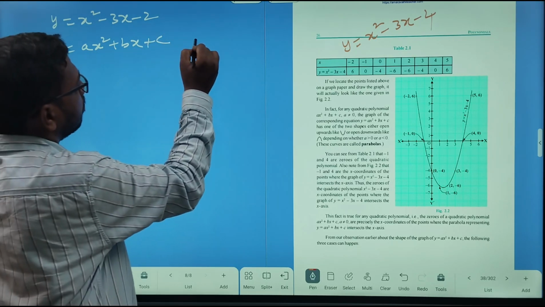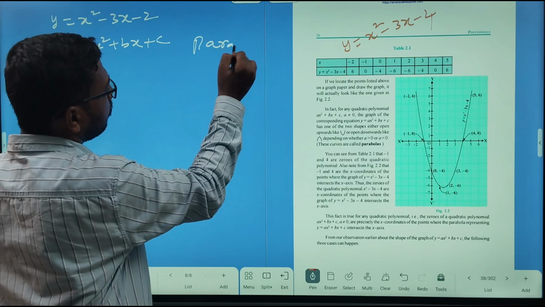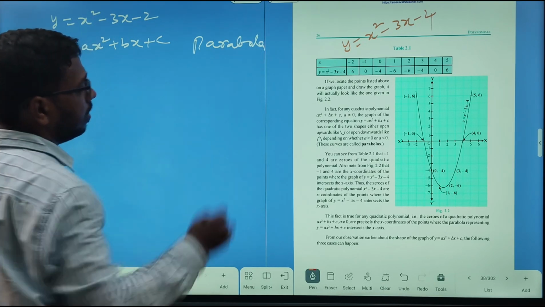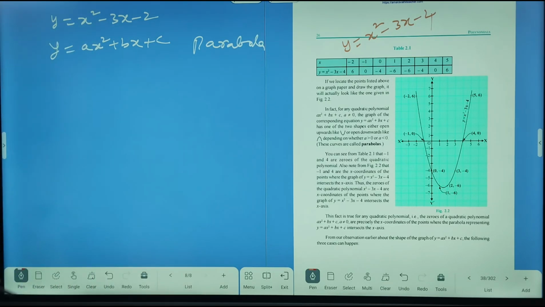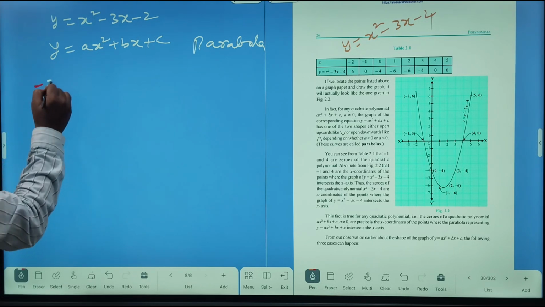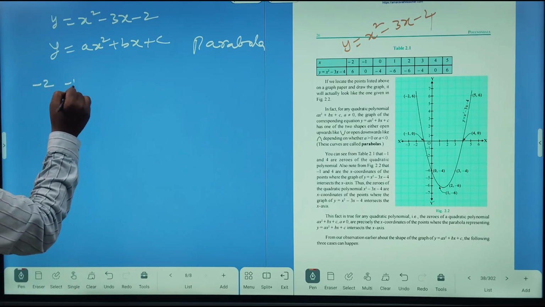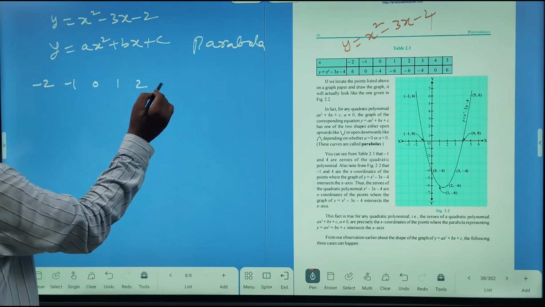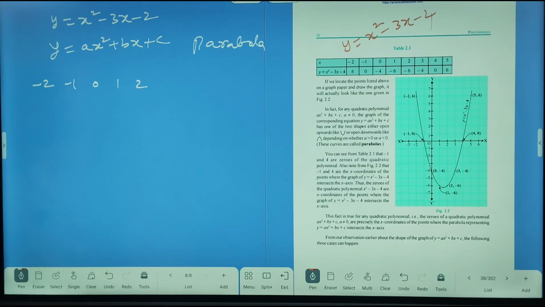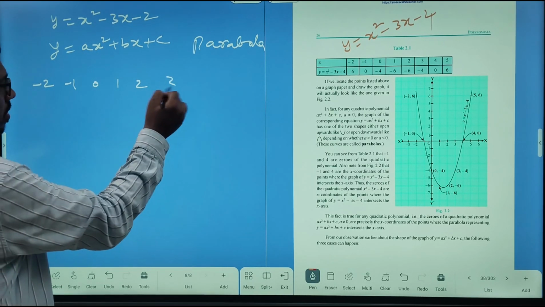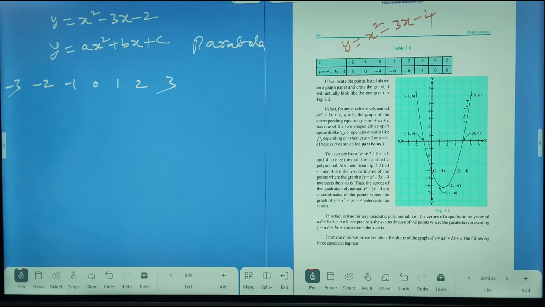This is a parabola. As earlier, if you substitute the values of x like minus 2, minus 1, 0, 1, 2, and of course 3, minus 3, like that, you may get some points.